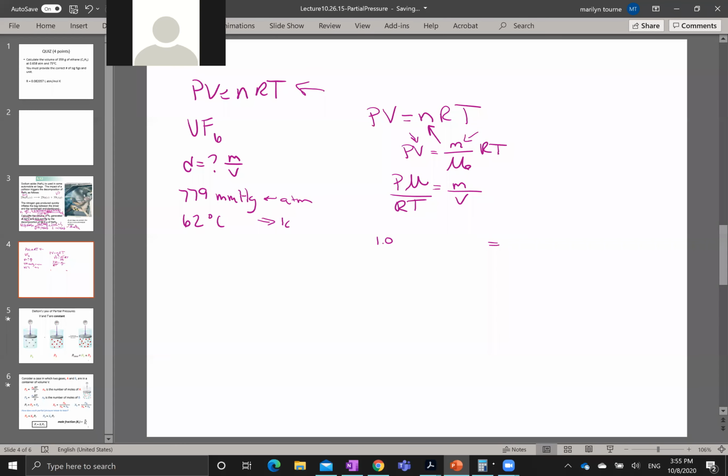1.025 atm. Okay. And then what's the molar mass? 352 grams per mole. Okay. What's the R? 0.082057 liter atm per mole K, times temperature.